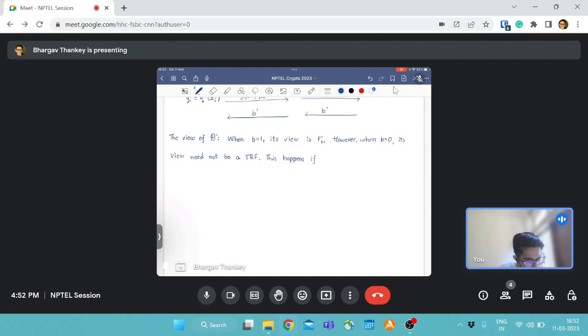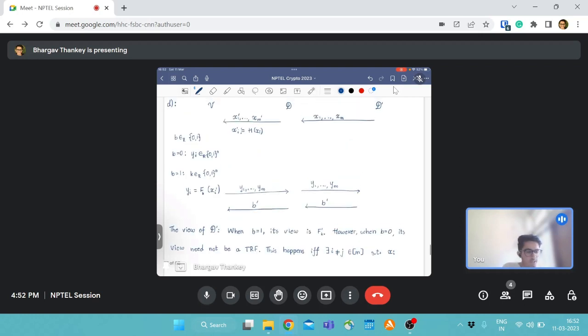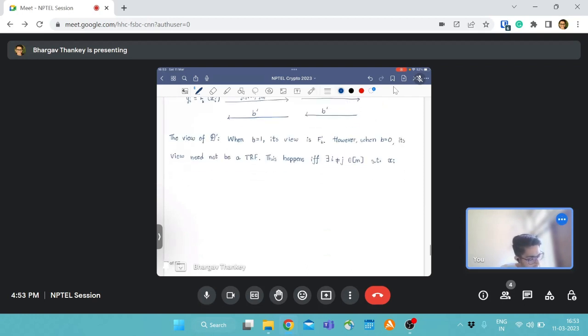if and only if there exists i not equal to j both in M such that, okay, so without loss of generality, we can assume that x1 to xm are different because otherwise there is no point in sending a string twice. Let's assume that x1 to xm are different.